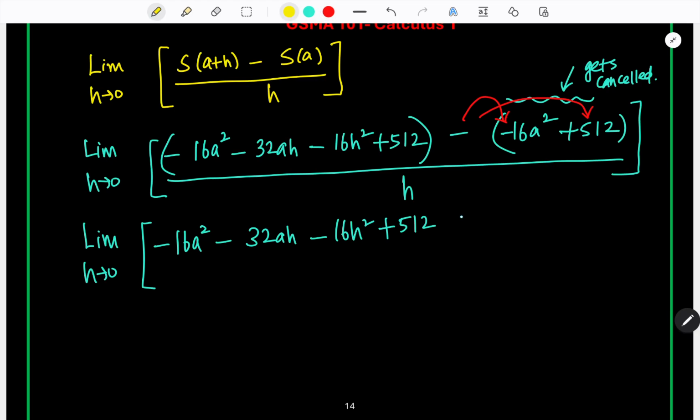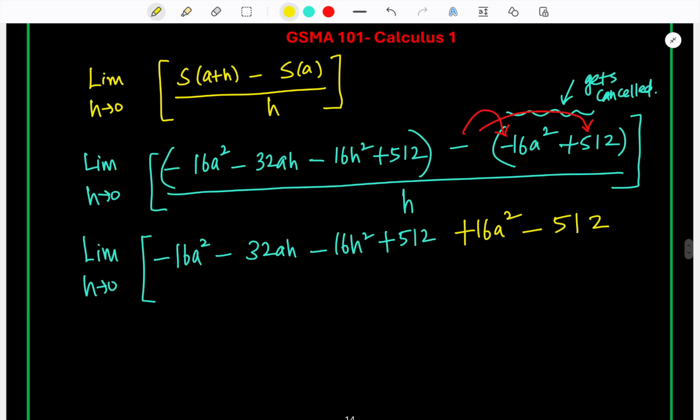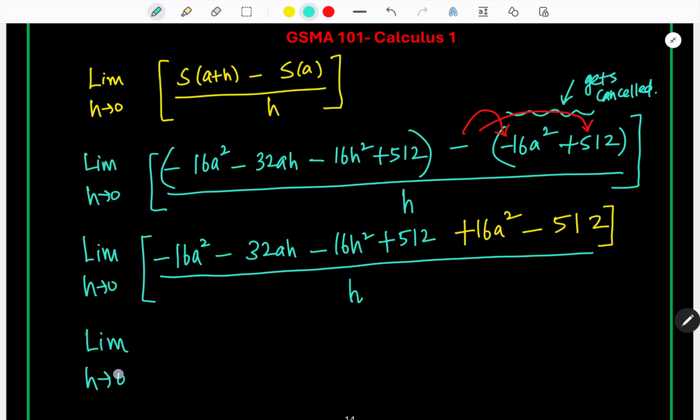When you take this one, you will get plus 16a square minus 512. Plus 16a square minus what? 512. Right. So let me close this bracket. After that, I change the color, divided by h. So limit h goes to 0, bracket open.